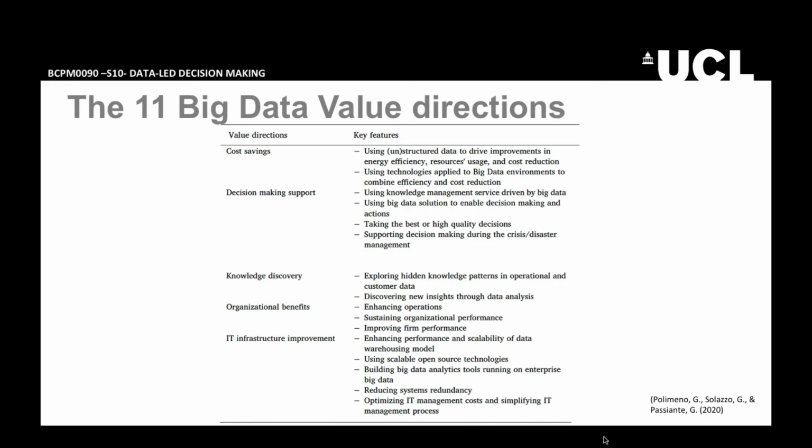For each one, you can see here the key features that help us to understand better what are the implications of value creation for each direction. Also, you can check these research articles to know more about value creation through big data analysis.